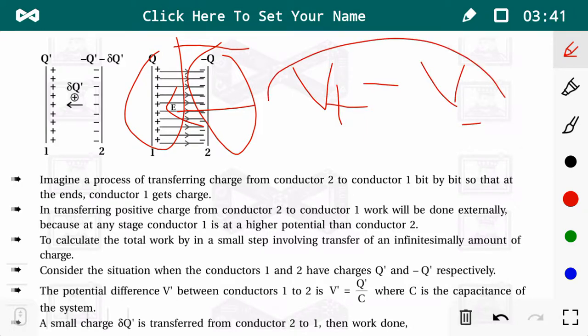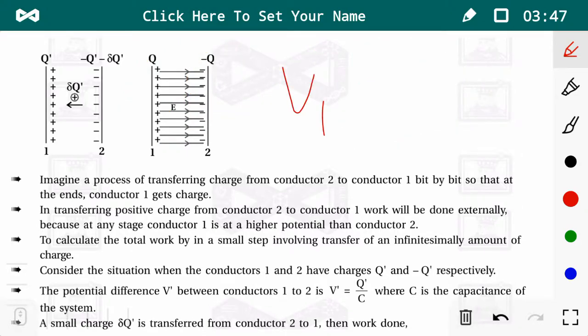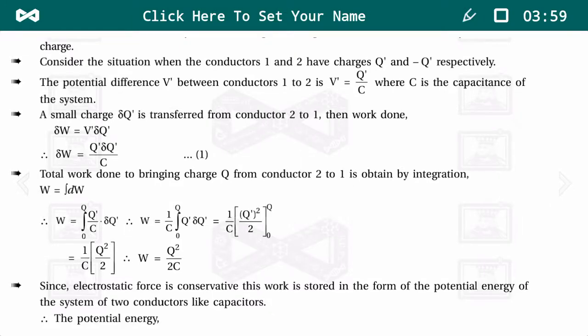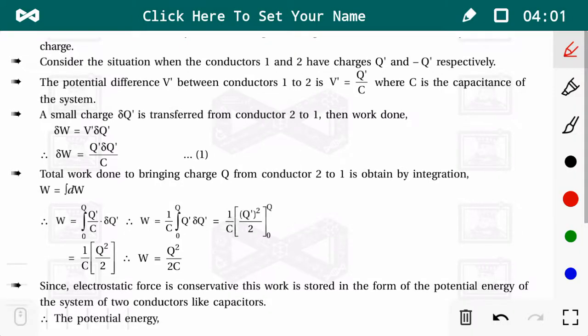So V1 minus V2 is equal to V dash. This is the potential difference between the two plates, V dash is equal to Q dash upon C.